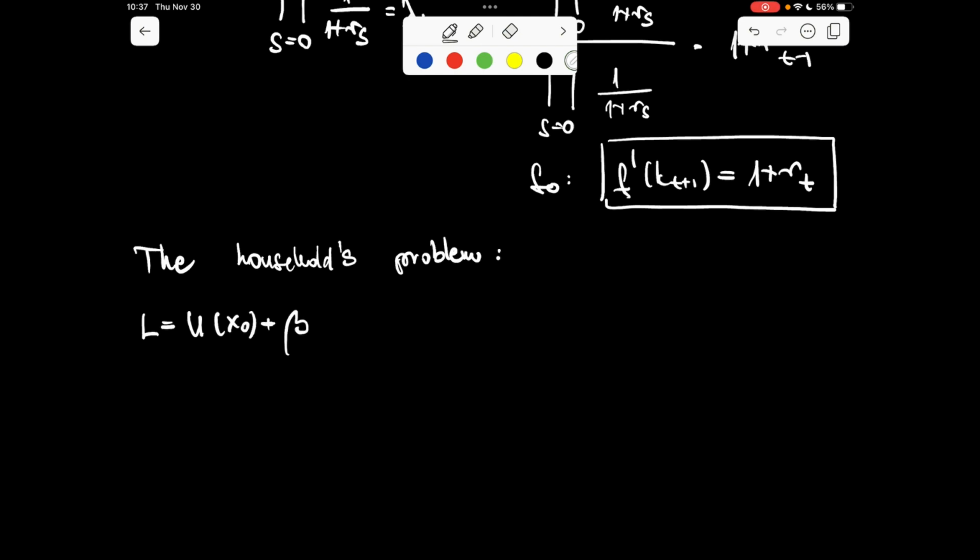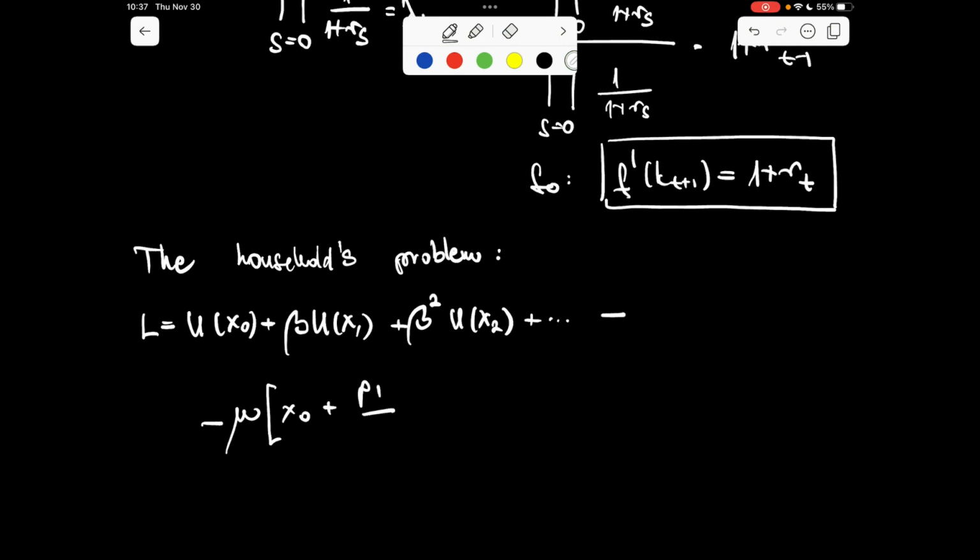So this is what the household wants to maximize, the discounted sum of the one period utilities. This is a dynamic problem as compared to the firm's problem, which is a series of static problems.